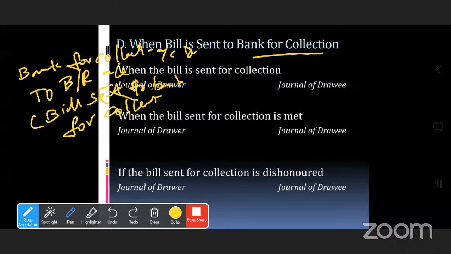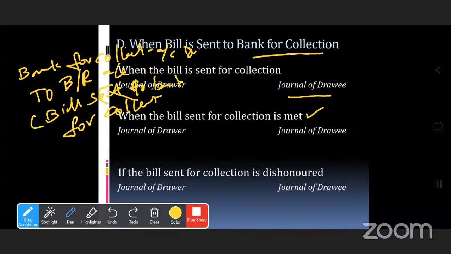And coming to the books of the drawee, there may not be any entry because they are liable to pay the bill on the due date. Okay. Now let us see another option, that is, when the bill sent for collection is met.